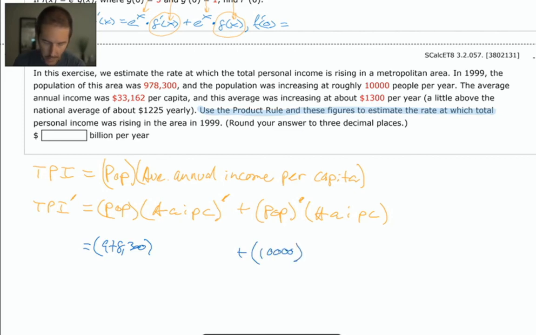The average annual income per capita was 33,162. And this average was increasing, rate of change, derivative, at about $1,300 per year.